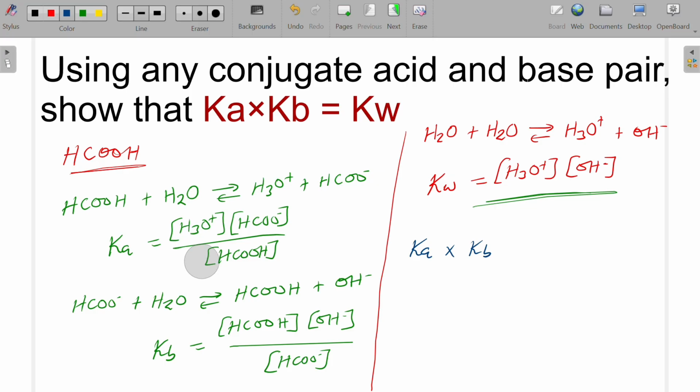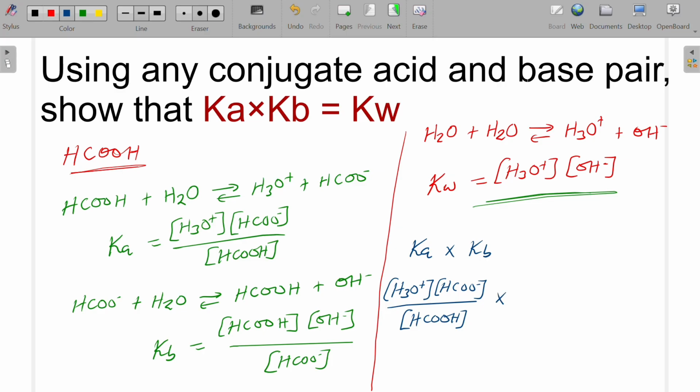Now you can see this is our Ka and this is our Kb here. So we are multiplying that by this. So let's do that. Our Ka is the H3O plus concentration multiplied by the HCOO minus concentration, divided by the HCOOH concentration.